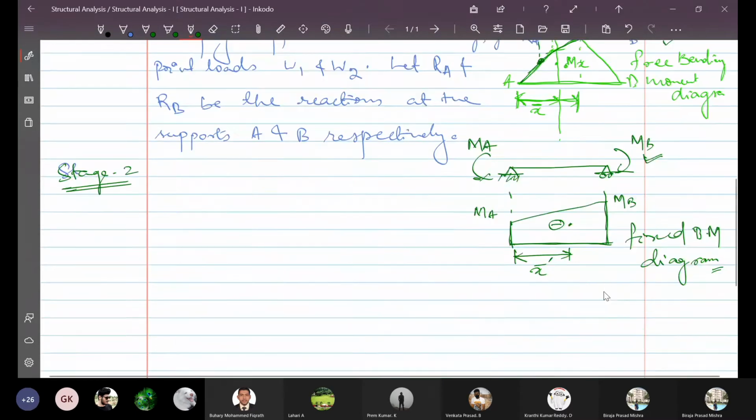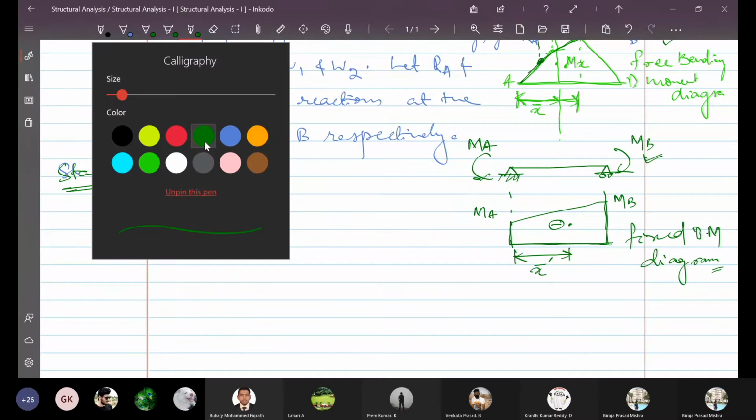Okay. So now what is the explanation for this stage 2?